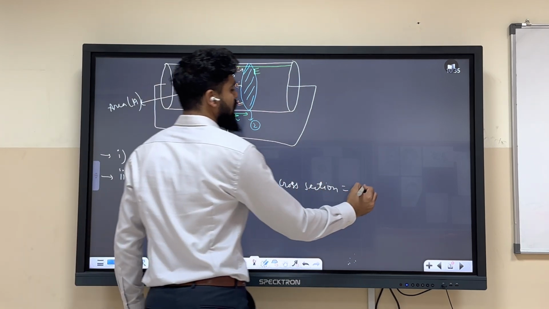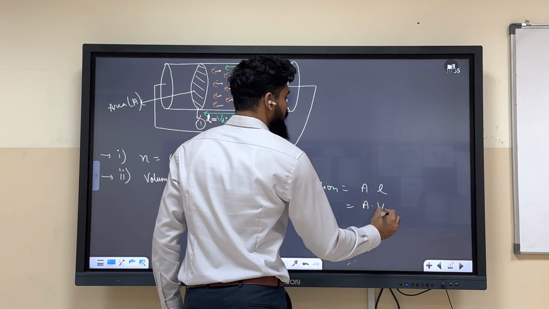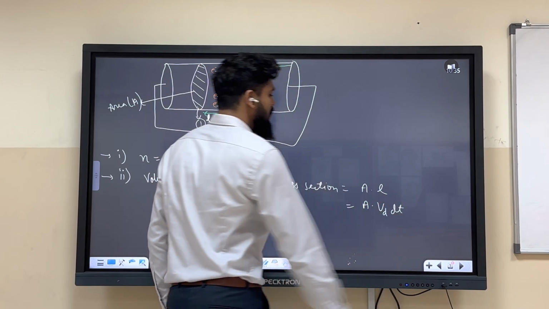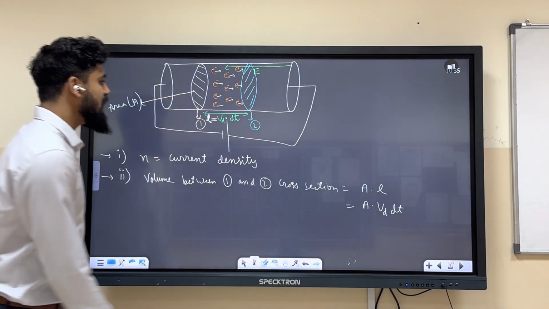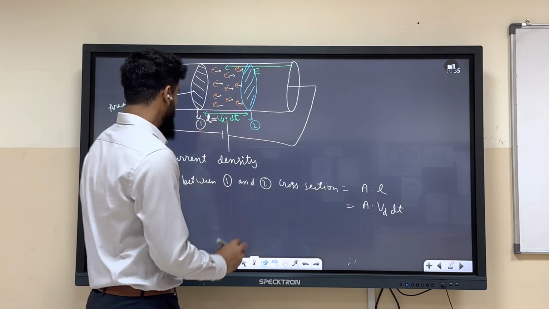You will write area into length, or area into vd dt, correct? This is the volume V.